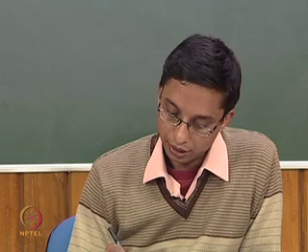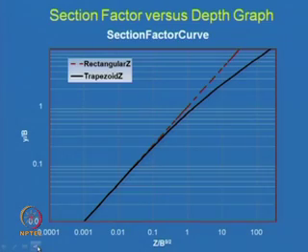If you recall, from this graph, for any rectangular cross section, you just check what is the Z by b to the power of 5 by 2. It was given as 0.194. You just check where the depth is coming. 0.194 is coming roughly somewhere here. You will get the corresponding y by b ratio, roughly around that value.